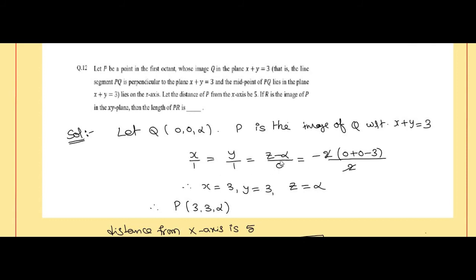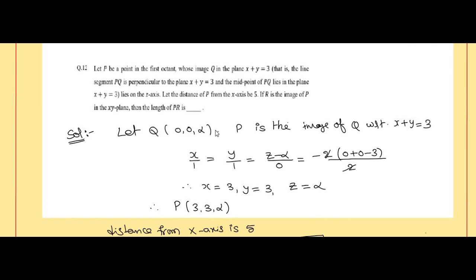If we apply the relation of the image of the given point with respect to the plane, (h minus x1) by a equal to (k minus y1) by b equal to (l minus z1) by c equal to minus 2 times (a x1 plus b y1 plus c z1 minus d) by (a square plus b square plus c square), then directly we get 3, 3, alpha.